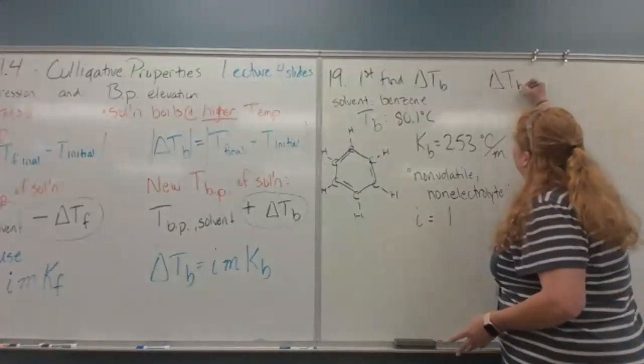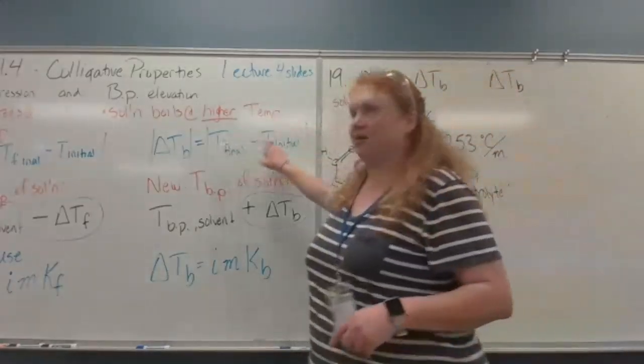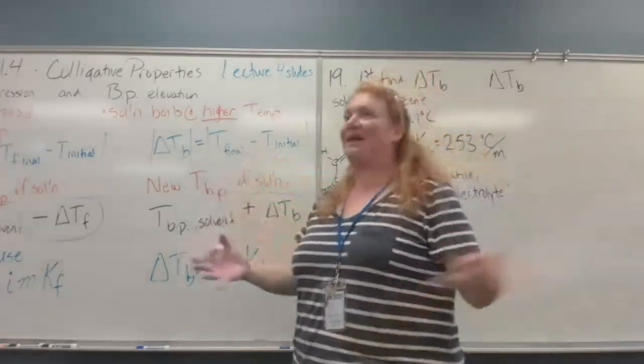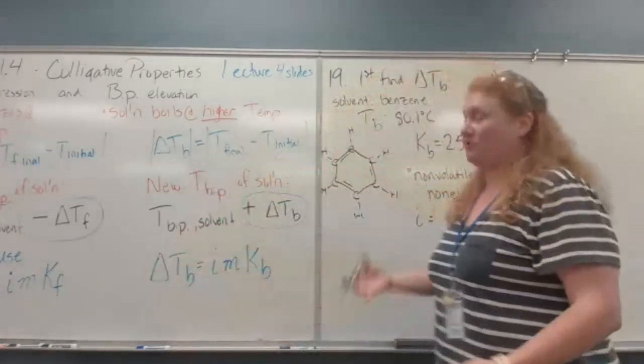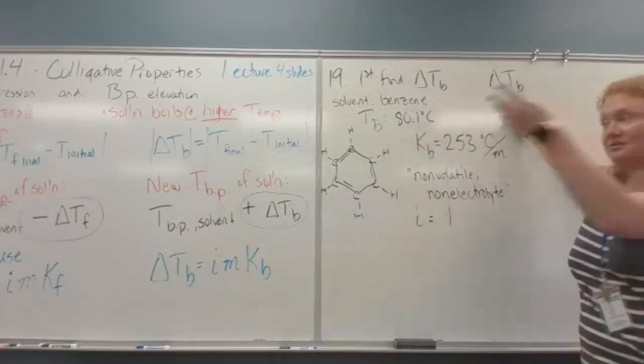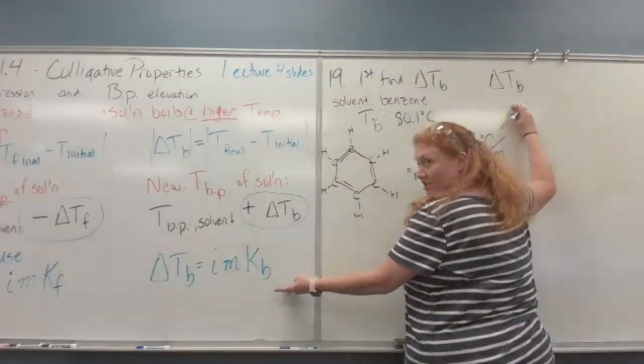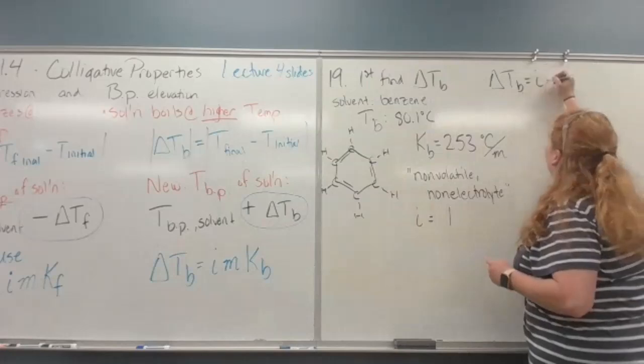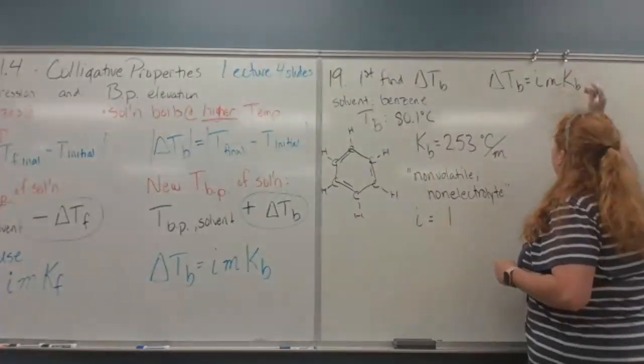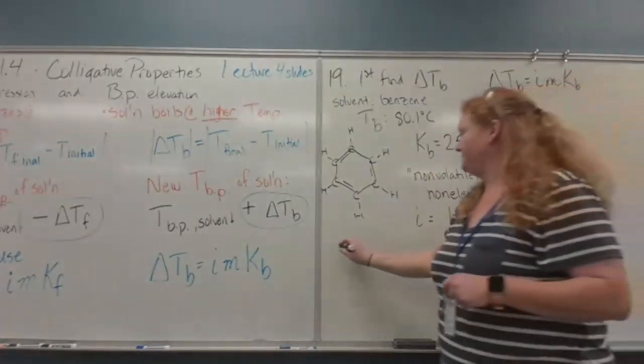So, Caitlin, can I calculate T final minus T initial for this problem? I don't have two temperatures, I just have the one. So let me use this formula to find the change: i m Kb. Now, how do we calculate molality?